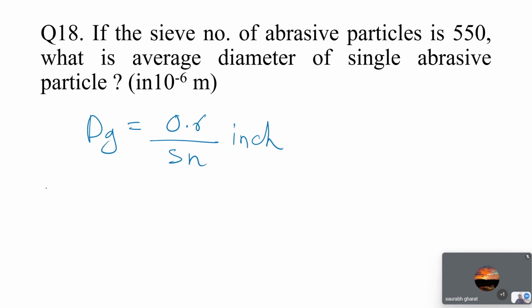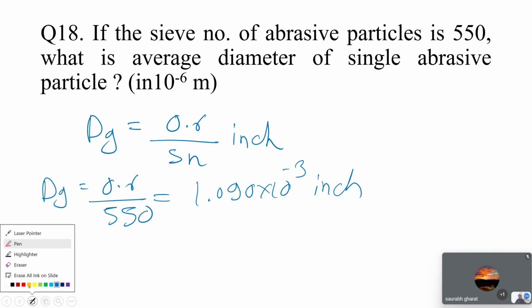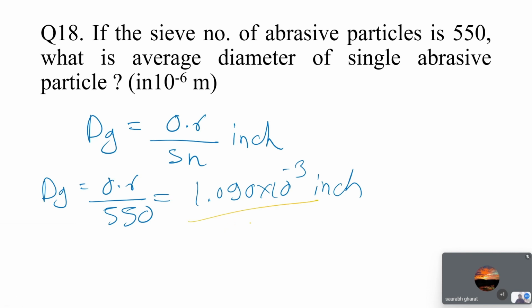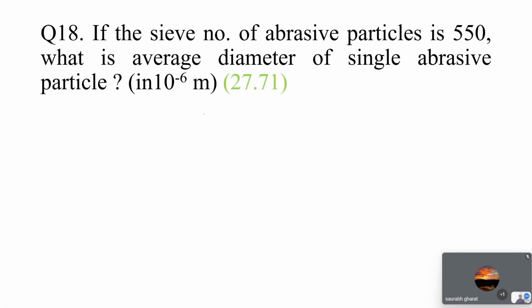So your dg will be 0.6 divided by 550, equal to 1.0910 into 10 to the minus 3 inches. Now divide this by 39.37 to convert directly to meters. So your dg will be 2.771 into 10 to the minus 6 meters. Divide by 10 to the minus 7 and you get the answer in micrometers.